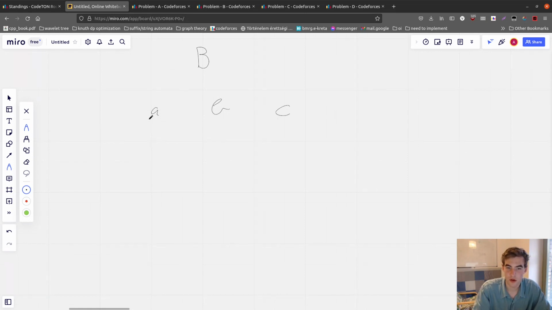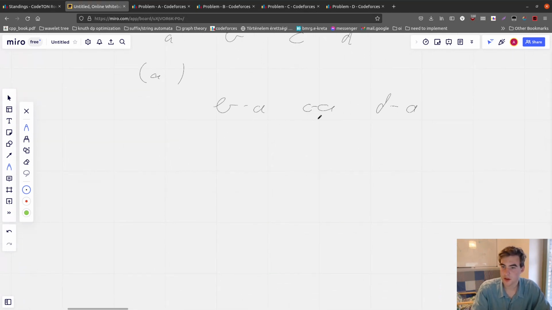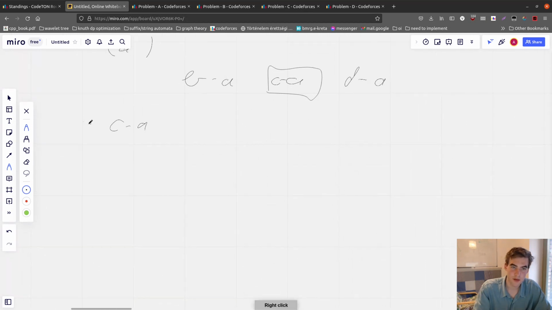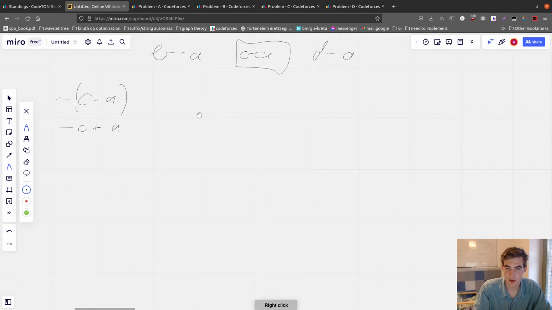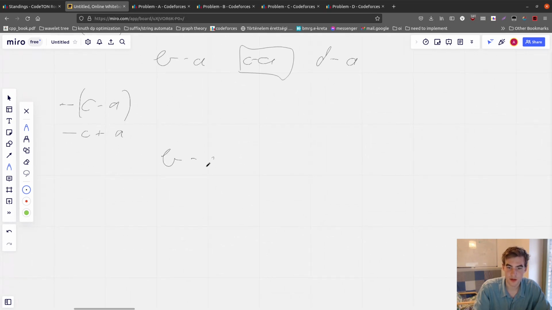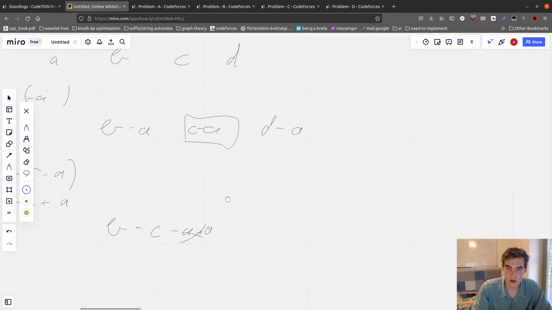First let's remove A, then remove B. When we remove A, we're left with B minus A, C minus A, and D minus A. After this, if we remove any of the remaining elements, for example C minus A, we're going to be left with B minus A minus (C minus A), which is B minus C, so the A's cancel each other out.